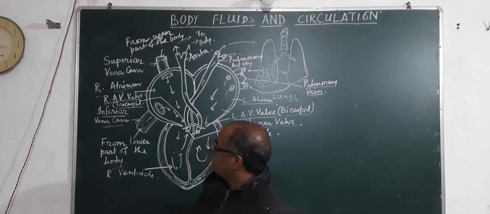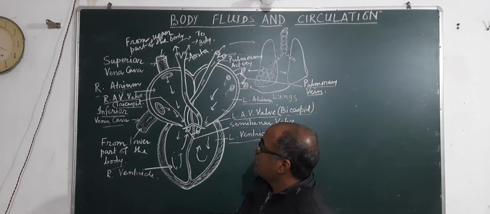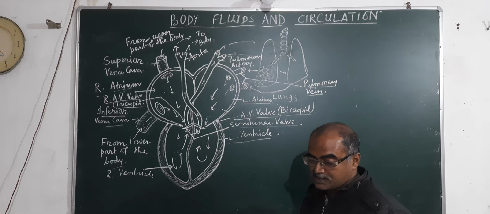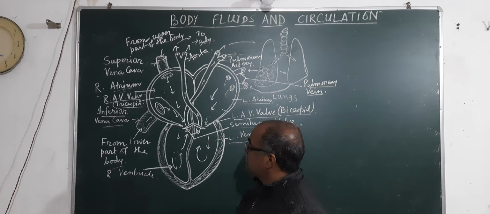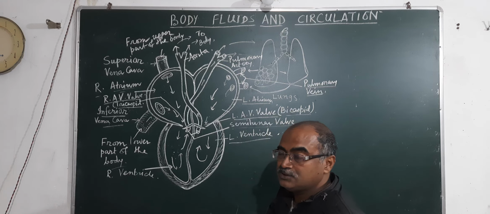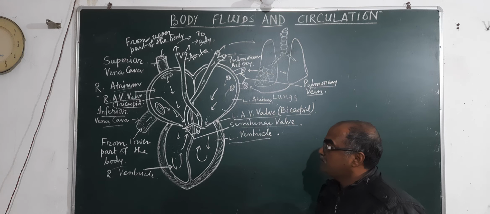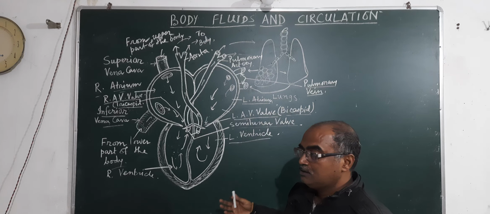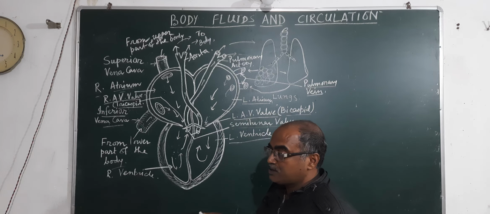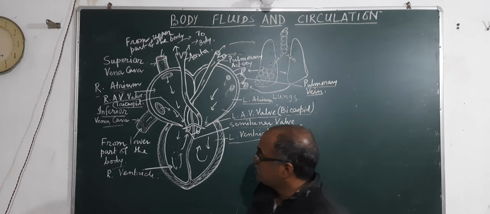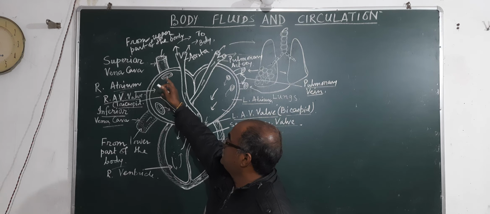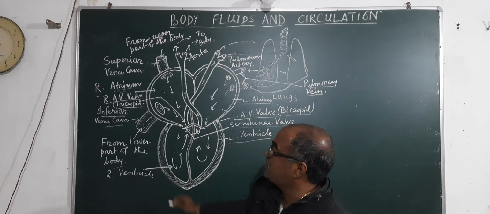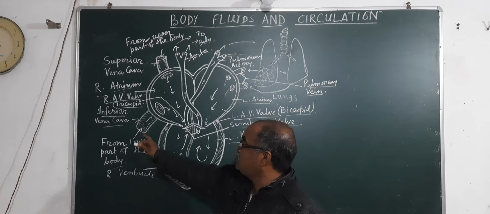They will move to each and every part of the body, and in the body, as I have shown in my slides, the capillaries are there. There the blood gives up oxygen and carbon dioxide is added, and ultimately the blood will again come back here, from the brain and upper part by the superior vena cava, and from the lower part by the inferior vena cava.